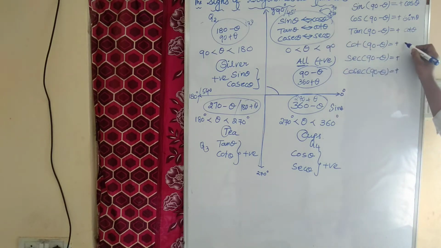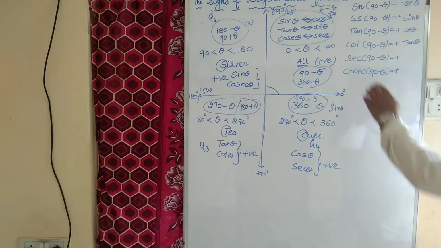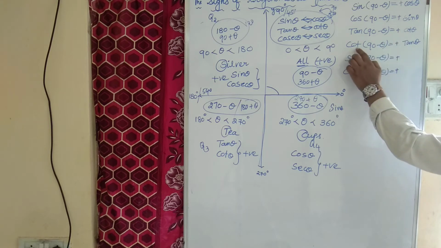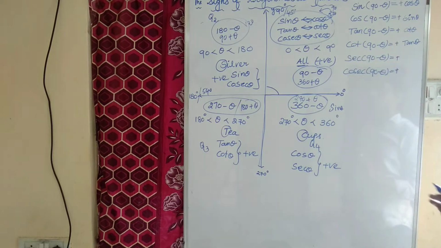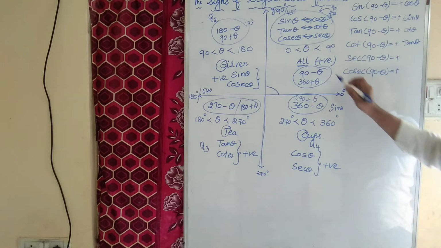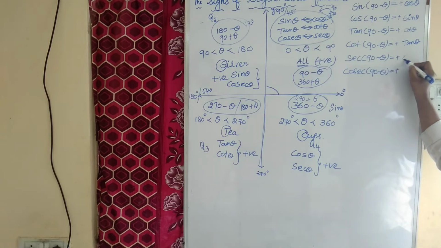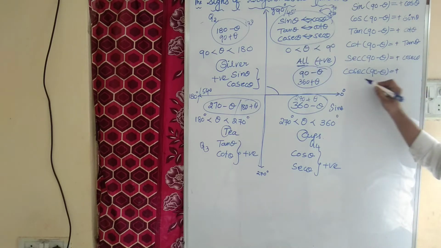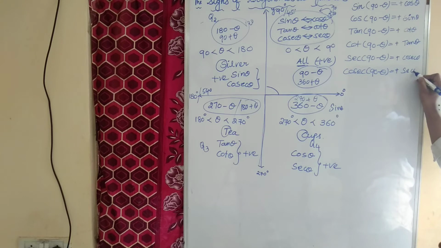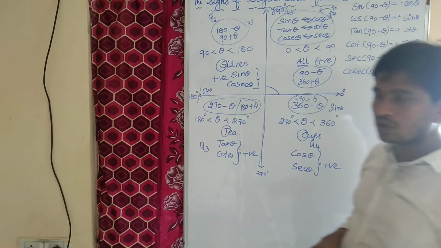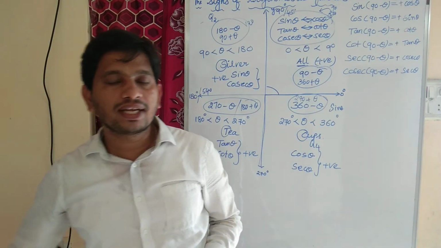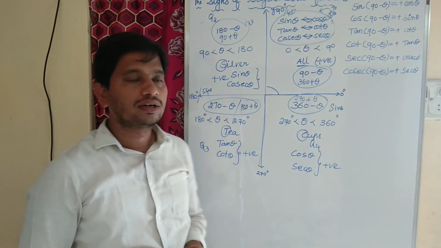Cot 90 minus theta is going to change as tan theta. Tan becomes cot, cot becomes tan. Now sec 90 minus theta, sec is going to change as cosec, and cosec is going to change as sec. So this is about the first coordinate, 90 minus theta.